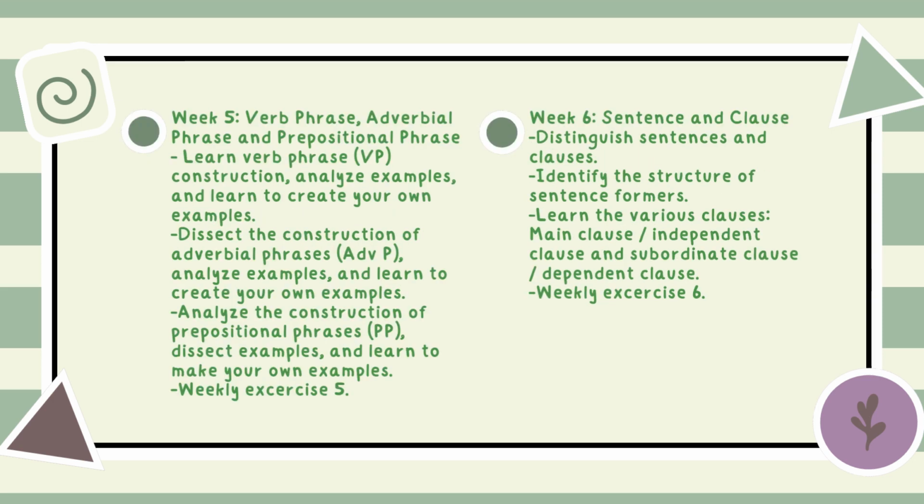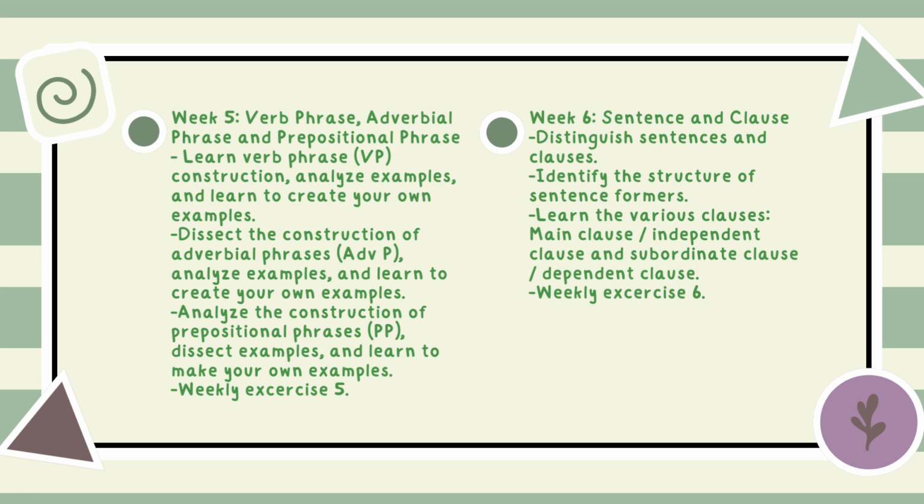And then we have week 5 and it discusses verb phrase, adverbial phrase and prepositional phrase. Here we learn verb phrase construction, analyze the examples, and learn to create your own examples. Analyze the construction of prepositional phrase, dissect examples, and learn to make your own example. And then dissect the construction of adverbial phrase, analyze the example, and learn to create your own example.